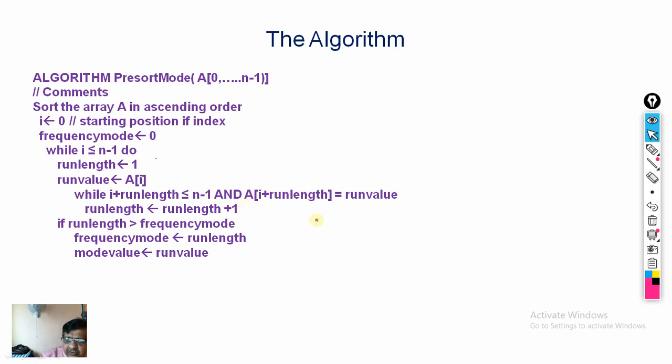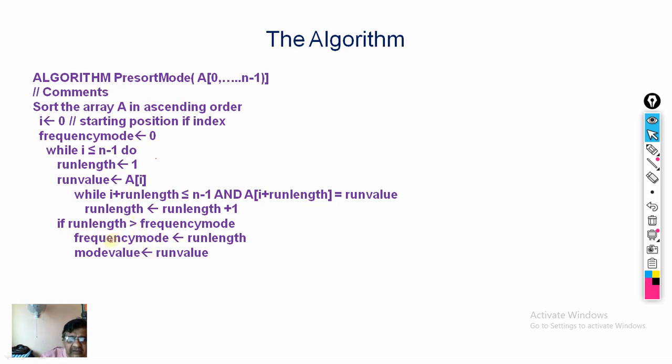This becomes not equal to run value, therefore it breaks and control comes over here. Upon not satisfying both the conditions, it will bring along with it some value of the run length. Let us say as far as 7 is concerned, the run length was 3; 7 was the first element which repeated 3 times.